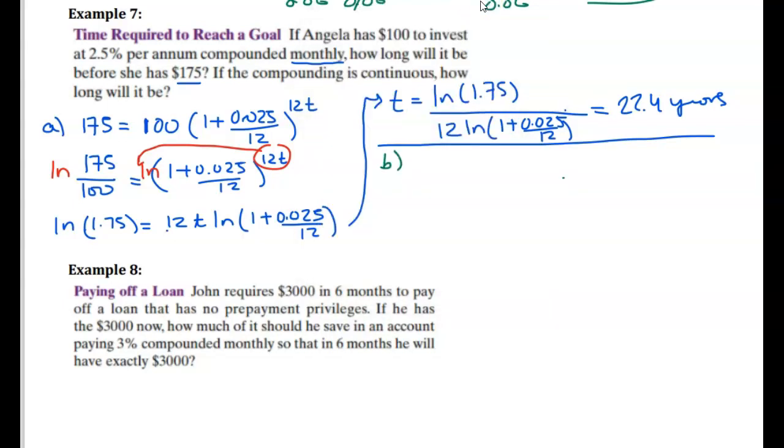So if compounded is continuous. Okay, so now we have to go. We want $175. We start with 100. Continuous means e to the RT. So 0.025 times the time. Divide by 100. Alright, so we have 175 over 100 is e to the 0.025t.